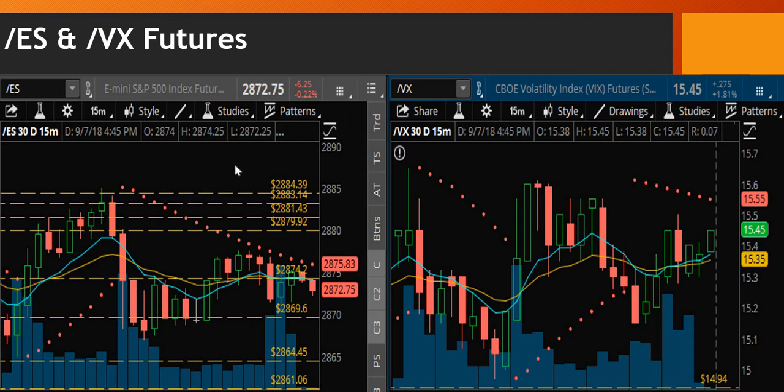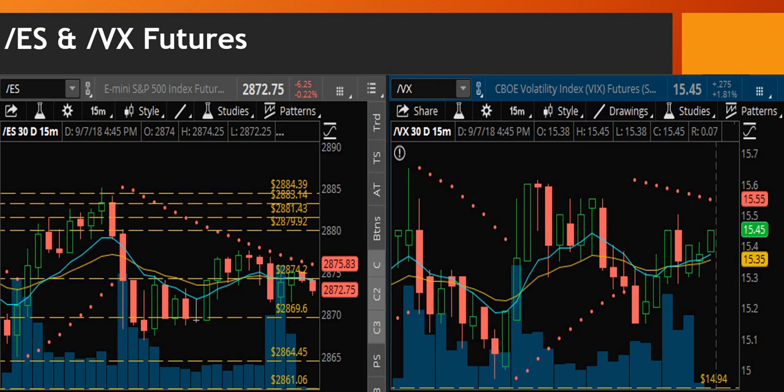And this is actually a good example, because here you can see that the ES is actually down and the VX is actually up. Now, even though the ES opened in red, we did have this big up move. So because the ES opens in the red, it doesn't mean that the stocks are going to fall at the open.